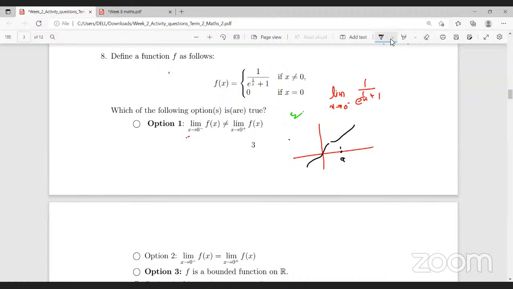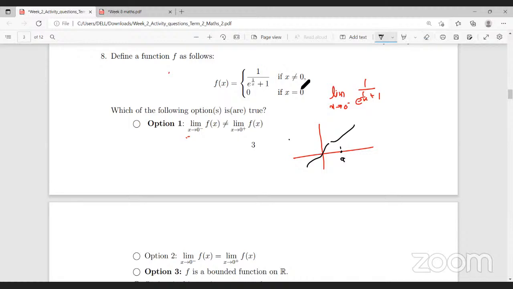Sir, we can easily see that the left hand limit and right hand limit are the same because x is not equal to 0. Here f of 0 is 0, but if x is not 0, then it is 1 upon e to the power 1 upon x plus 1. We have to verify that; directly we cannot say.